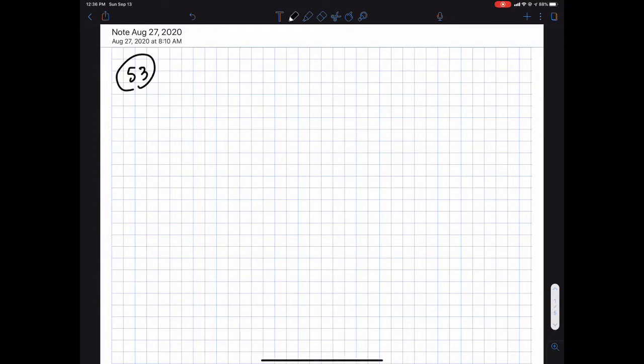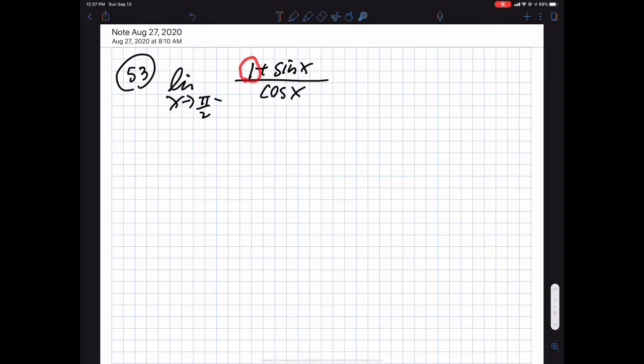So we want the limit as x approaches pi over 2 from the left. And we have this function. To find the limit of the top, you have to realize that 1 is a polynomial, therefore we know it's continuous.